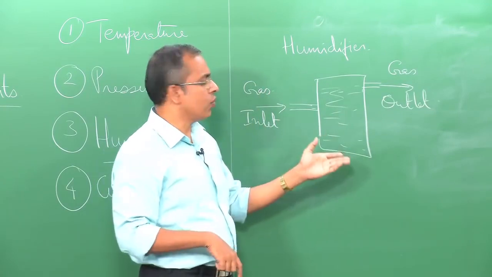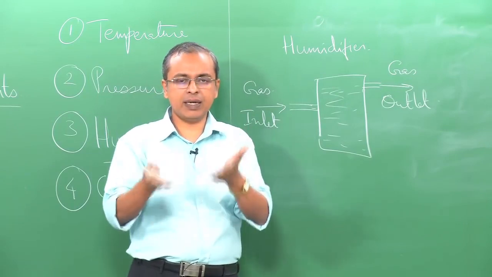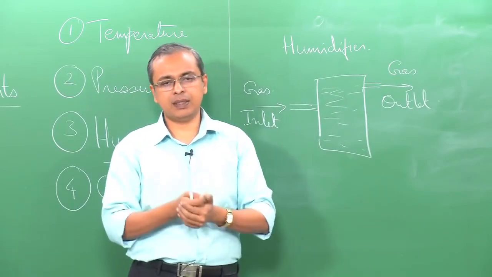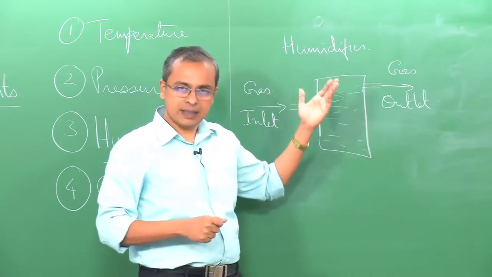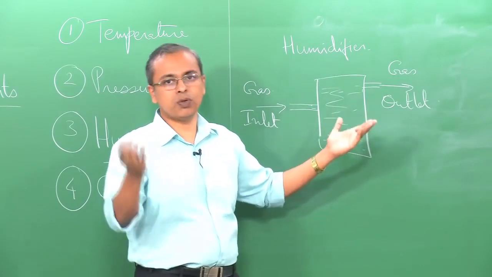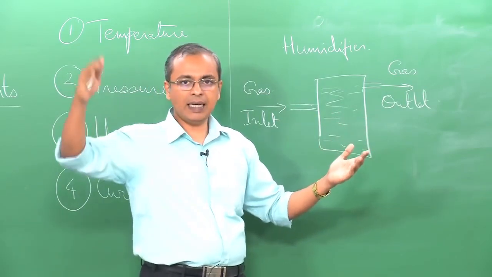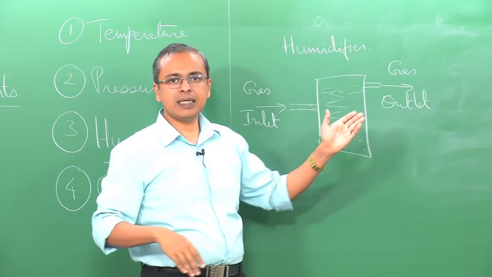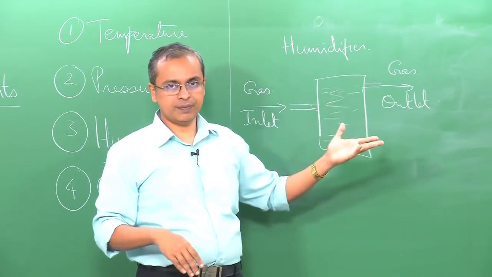The carrying capacity of the gas goes up with the temperature, so at 100 degrees C, the same 1 liter of air can carry much more moisture. If you go from room temperature to 50, 70, 80, 90 and 100 degrees C, as you keep raising the temperature of the gas, it can carry more and more moisture.